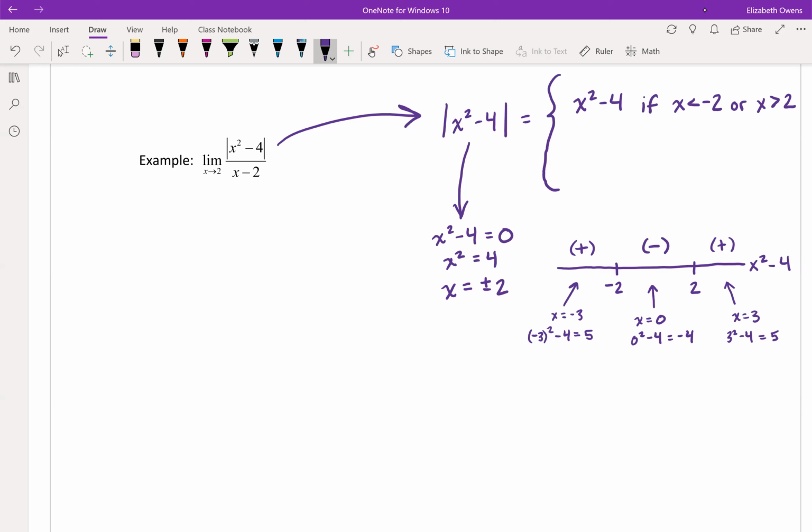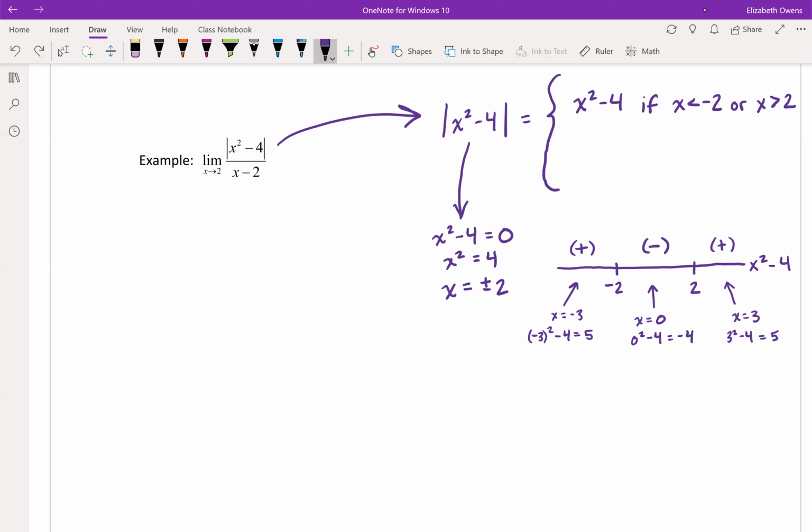Okay. Now we need to address this region in the middle here. x squared minus 4 is negative in that region. And so we don't want to just put x squared minus 4 right here because then that would be negative and we don't want our absolute value to be negative. So how we can take that negative number and make a positive result come out of the absolute value is by multiplying by -1.